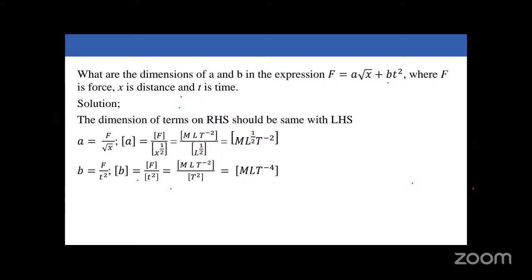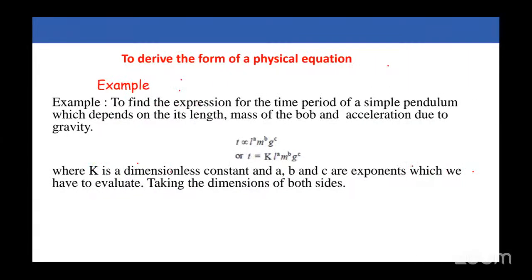So, for instance, we are asked to find an expression for the time period of a simple pendulum, which depends on the length, mass of the bulb, and acceleration due to gravity.